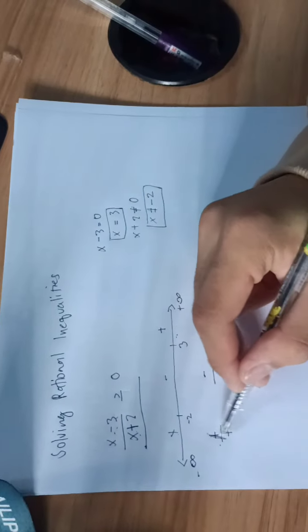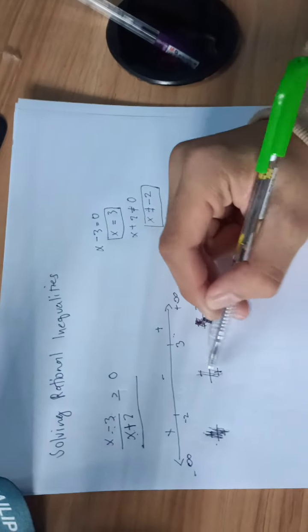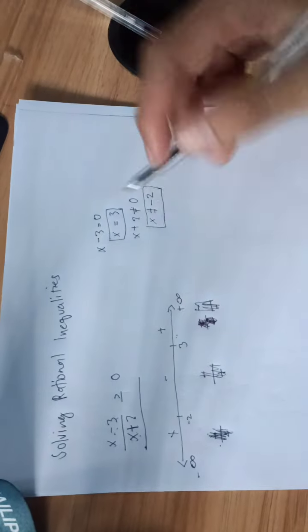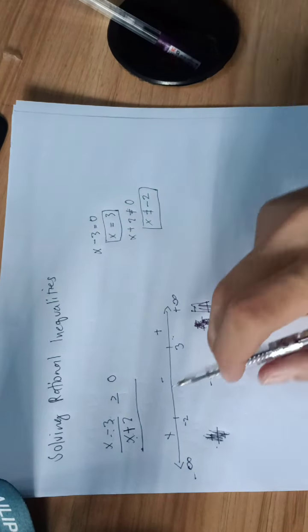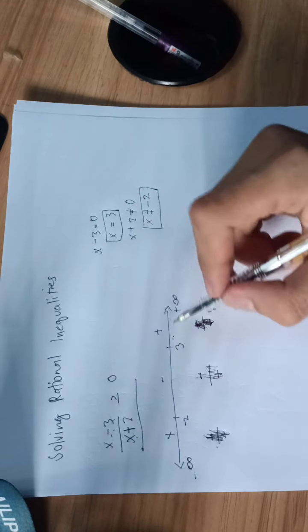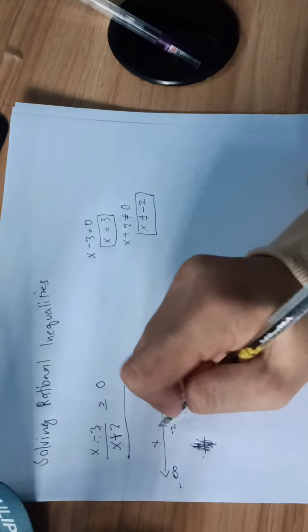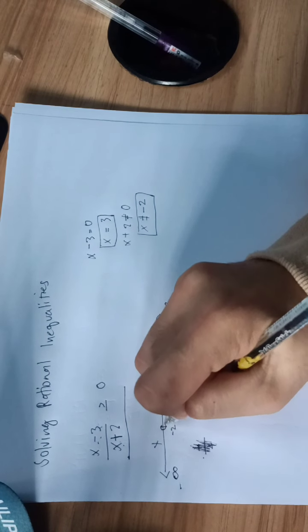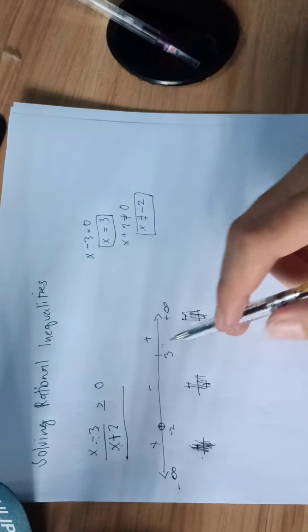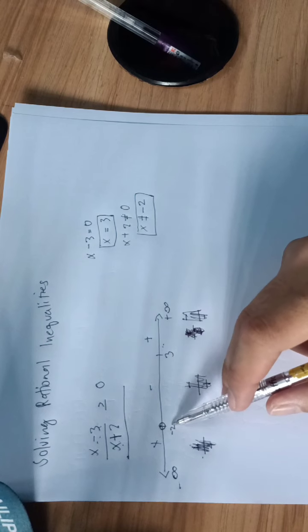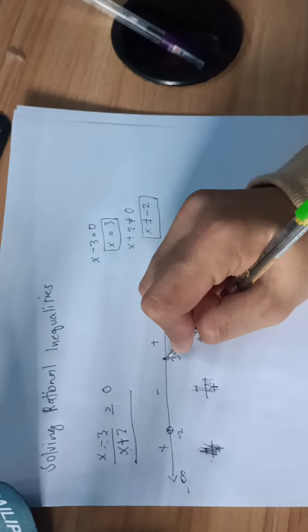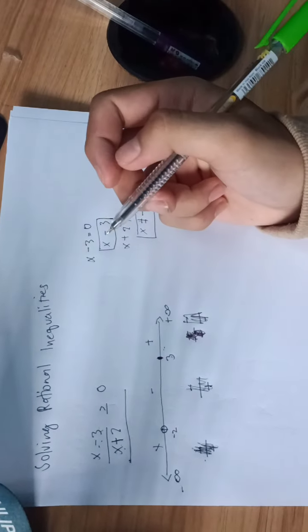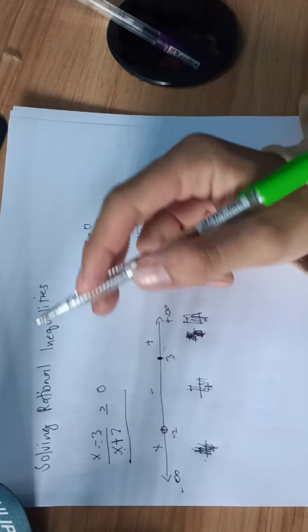So let's erase this. The next step is we put an open dot at negative 2 because negative 2 is not allowed, as it makes our denominator 0, and then a closed dot at 3 because the fraction can be equal to 0.